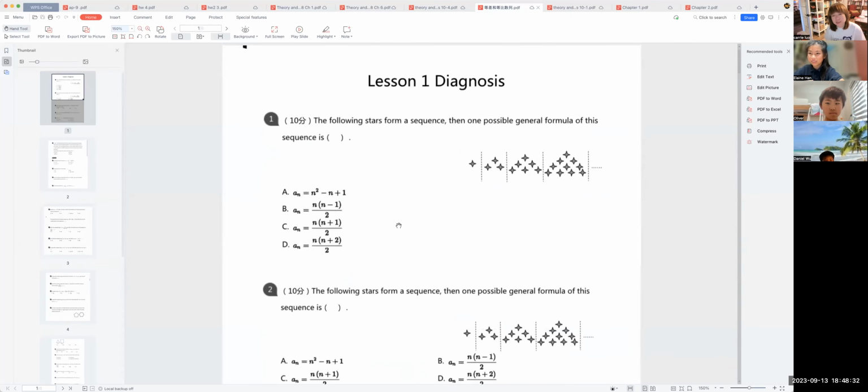Okay, let's take a look at the first one. The first one is quite easy. The following stars form a sequence.